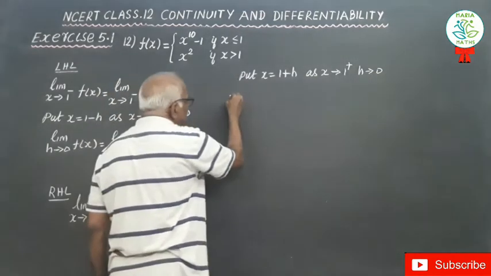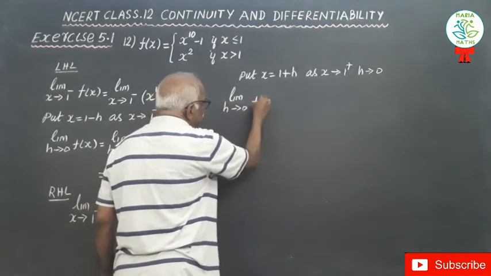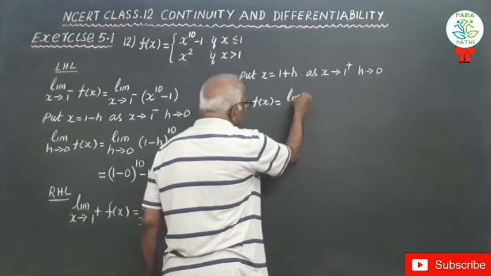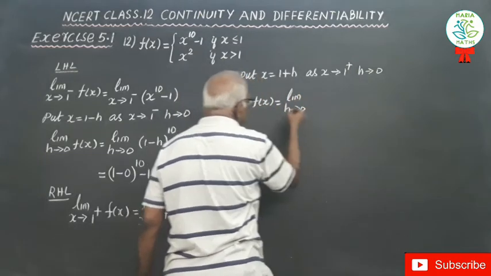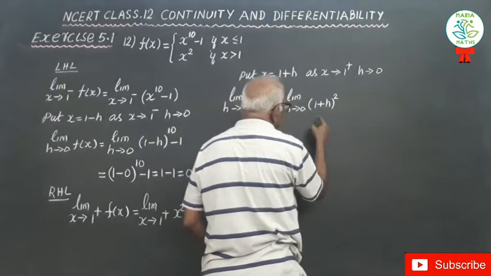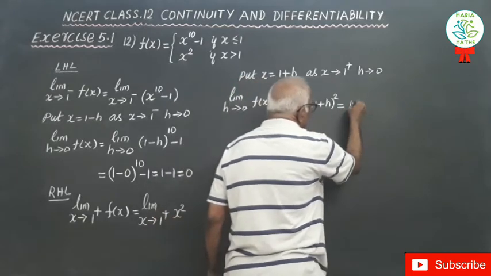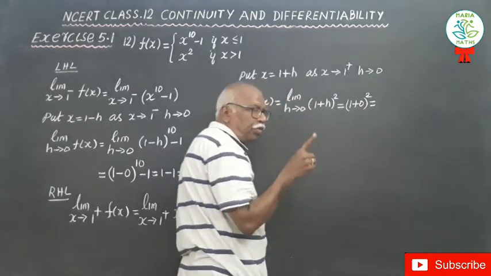Therefore, limit h tends to 0, f of x is equal to limit h tends to 0, x square, 1 plus h the whole square. Now put h equal to 0: 1 plus 0 the whole square, 1 plus 0 is 1, 1 square is 1.